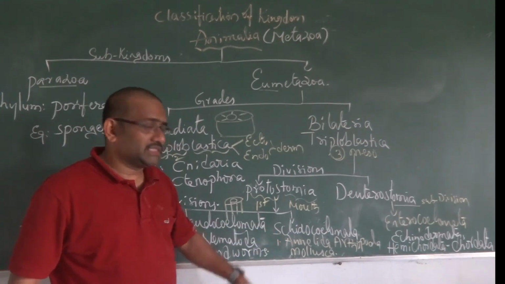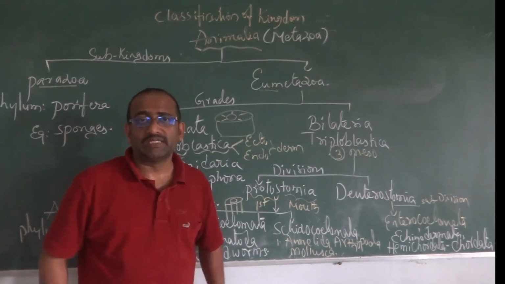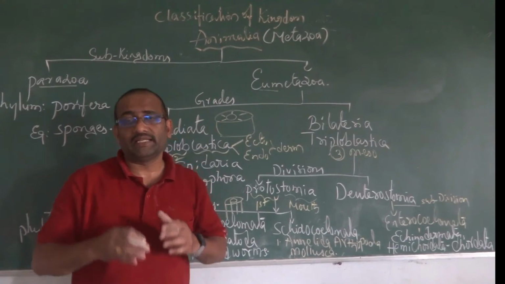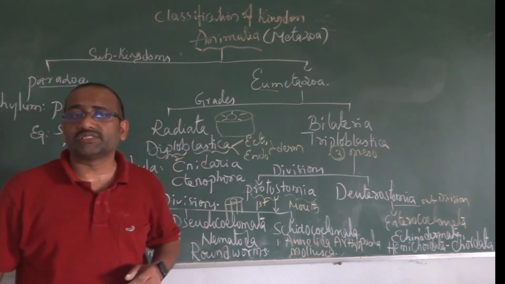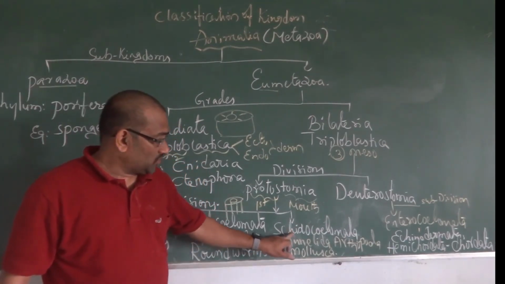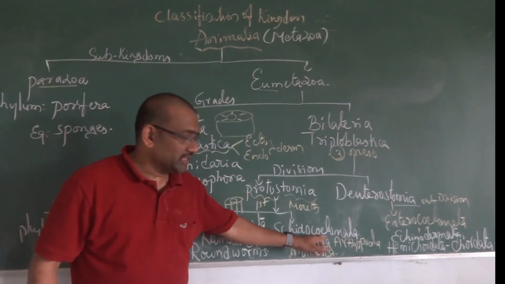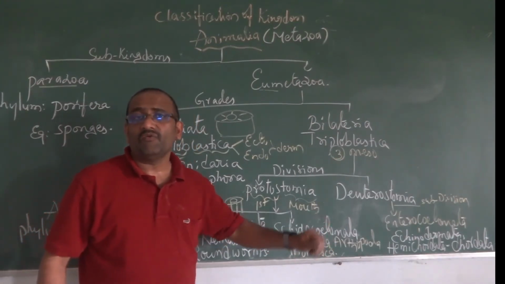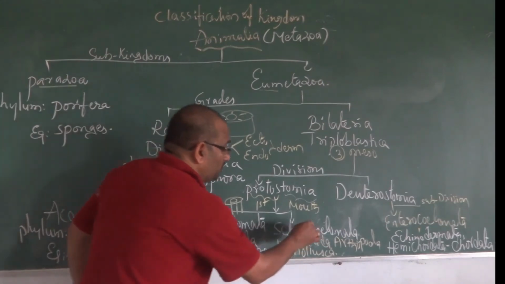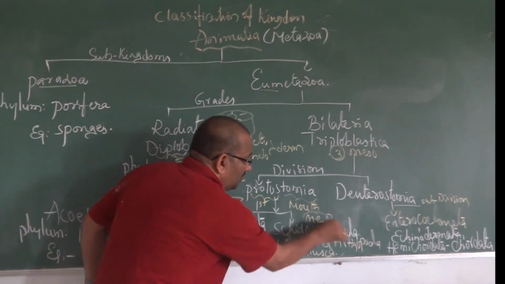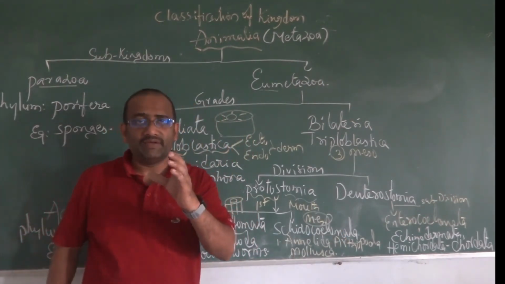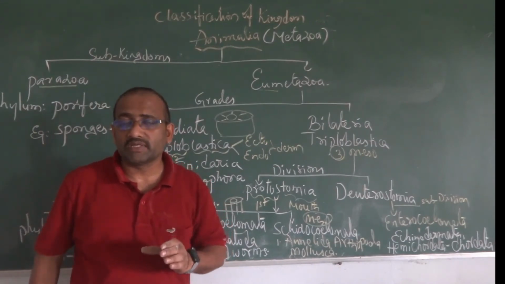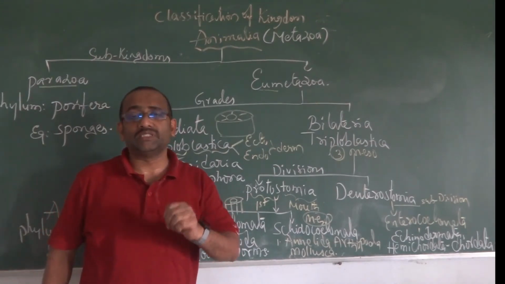Another type among the coelomates is the schizocoelomates. Splitting of the mesoderm and creation of the body cavity is known as schizocoelomata. Schizo means splitting, coelomata means body cavity. So mesodermal body cavity containing organisms or animals are known as true coelomates.